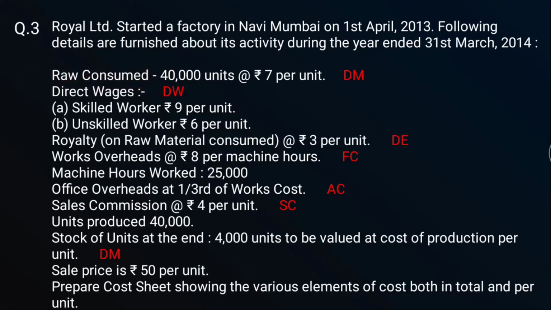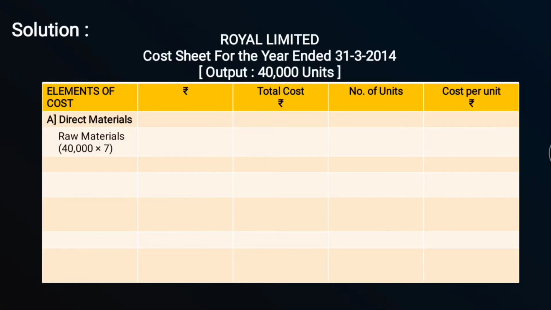Raw materials is given as 40,000 units at the rate of 7 per unit. So the total cost will be rupees 2,80,000. Number of units will be 40,000 and cost per unit will be rupees 7 per unit.